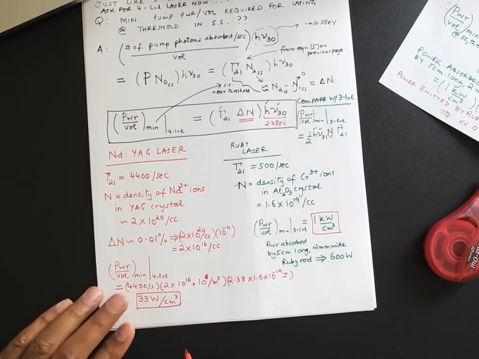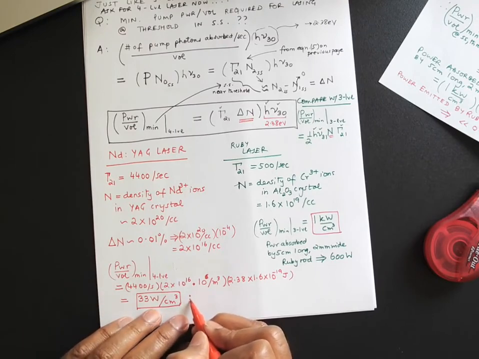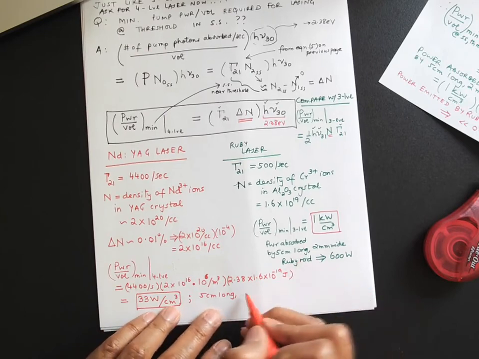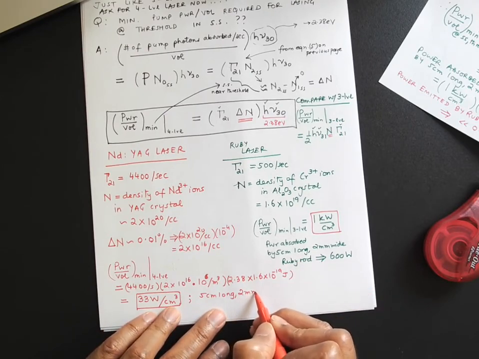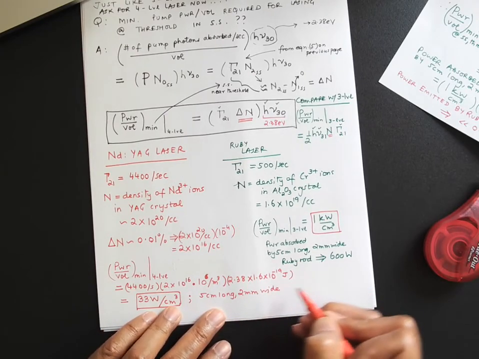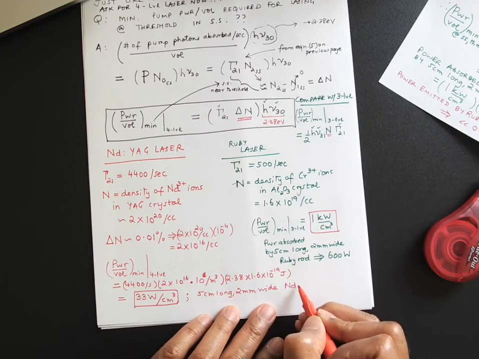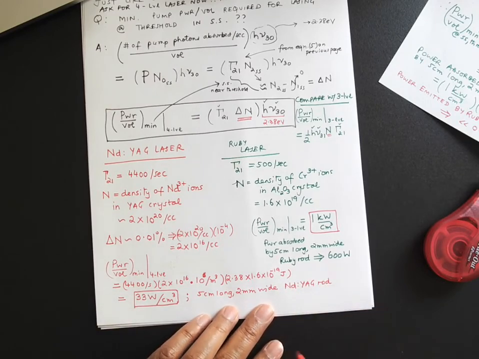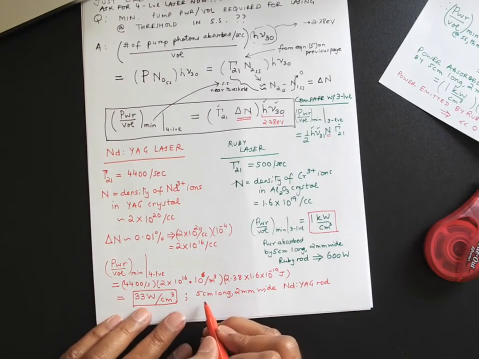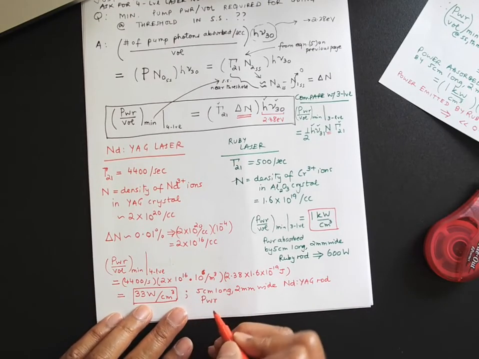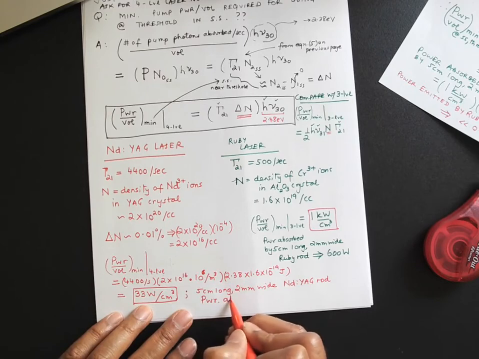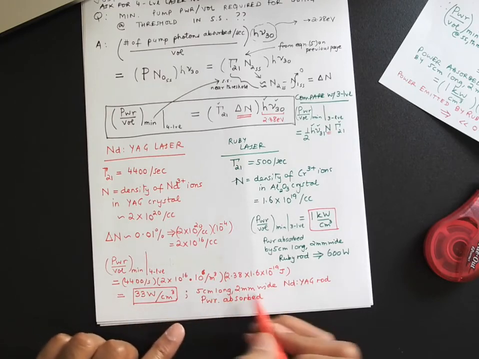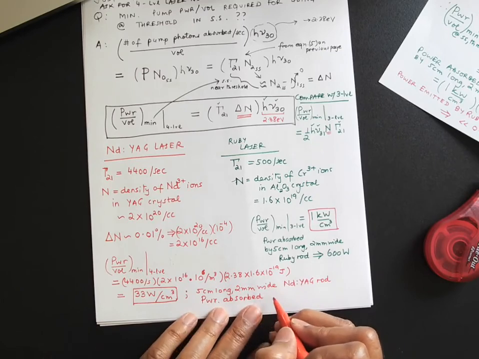And if you use a 5 centimeter long, similar to the ruby rod, 5 centimeter long, 2 millimeter wide Nd:YAG rod, then the power absorbed works out to, so you just multiply it by the volume there, and it works out to 20 watts.